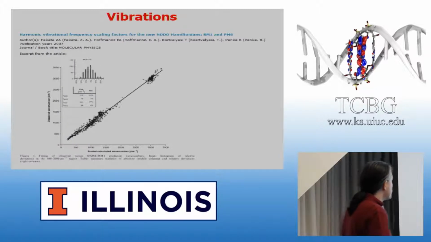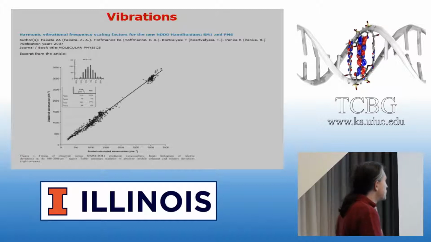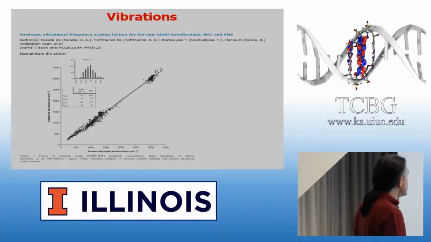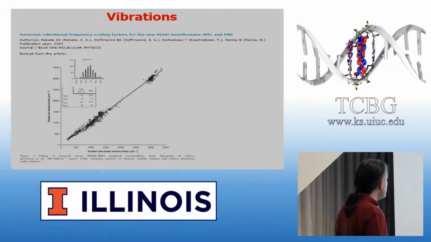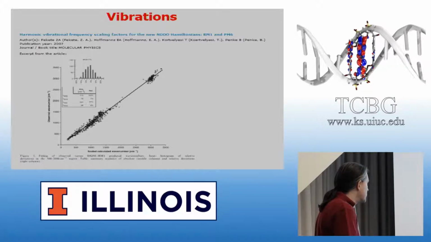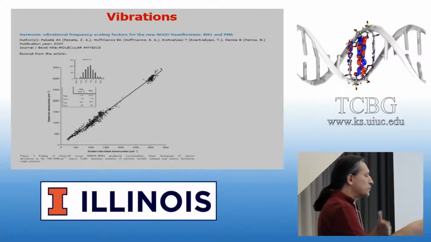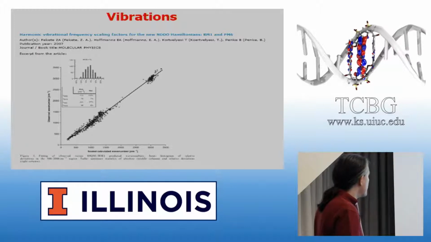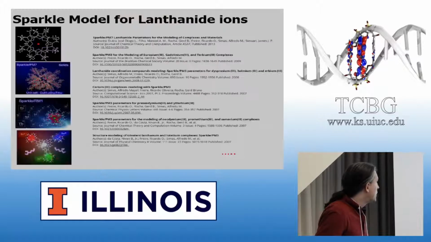For vibrations too, there is a harmonic vibration frequency scaling factor for new NDDO Hamiltonians, RM1, PM6. You can find this coefficient to scale the vibration frequencies. It's a common procedure in quantum chemistry.